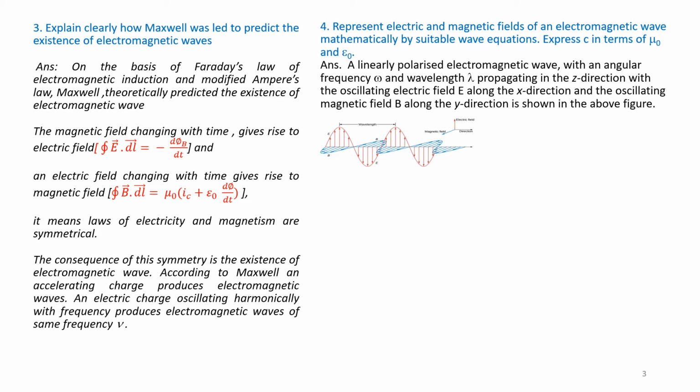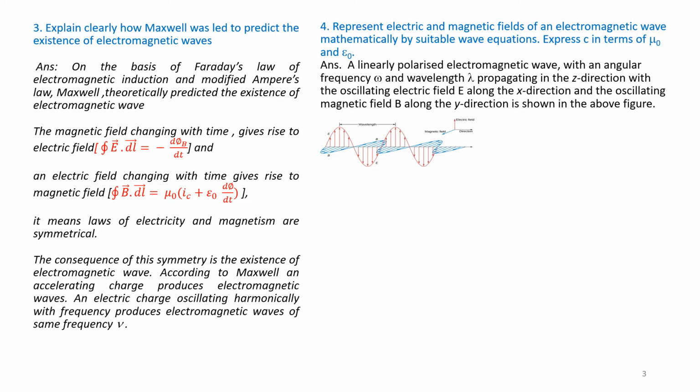Please see the figure. Here we have the x direction. The red colored wave is an oscillating electric field. See, its amplitude is varying with time.